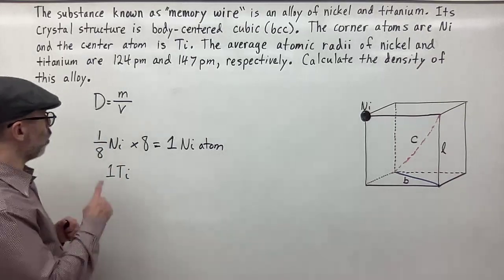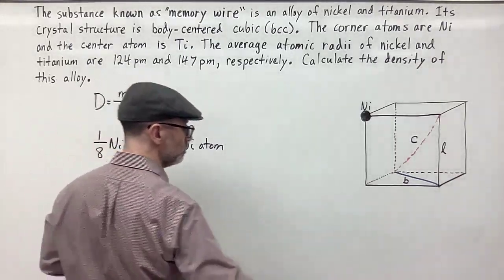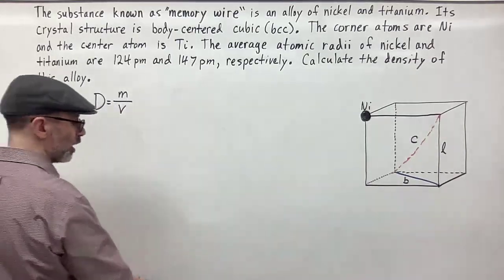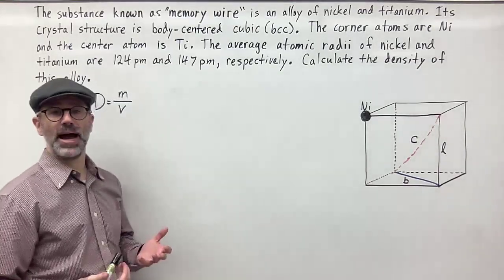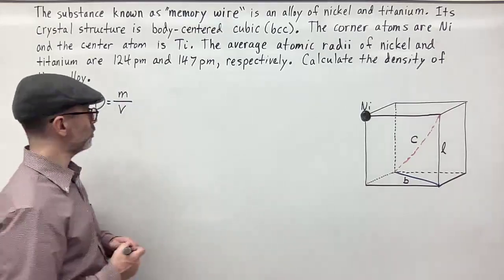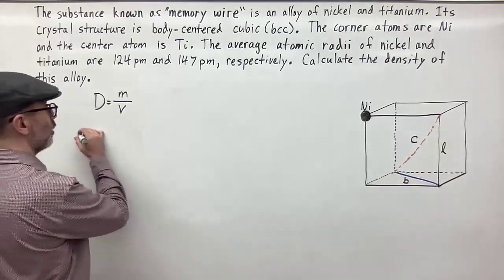Since we have 1 atom of nickel, we can convert that into grams per atom. Using the molar mass, we can convert from grams per mole to grams per atom. So how do we do that?